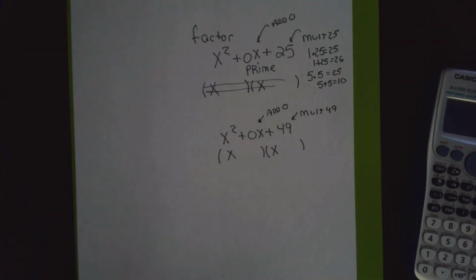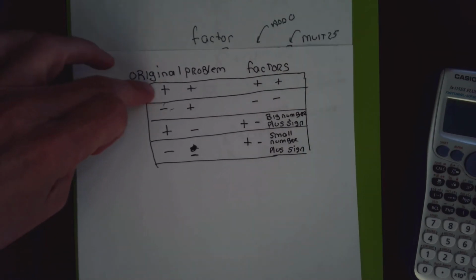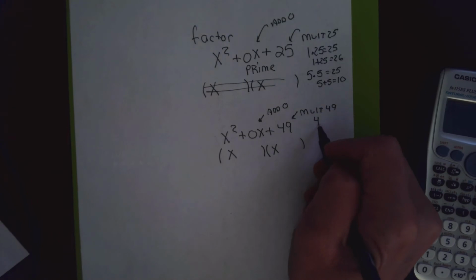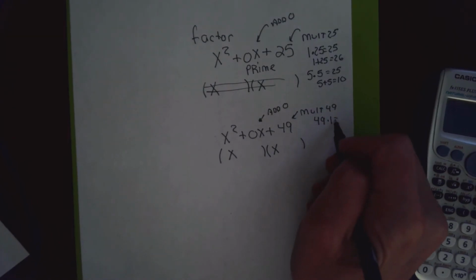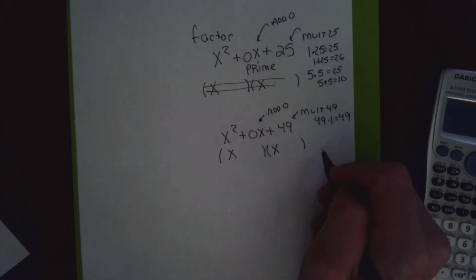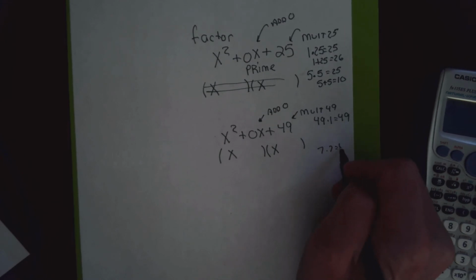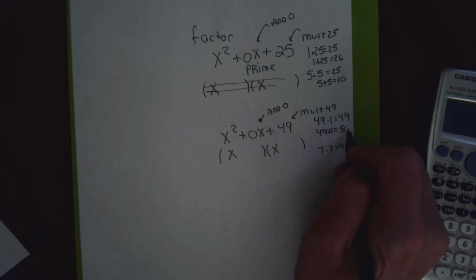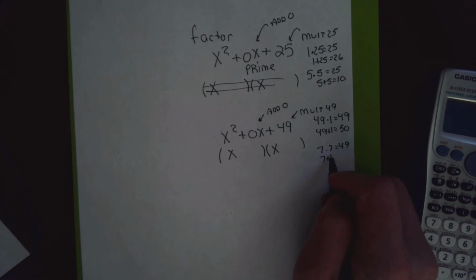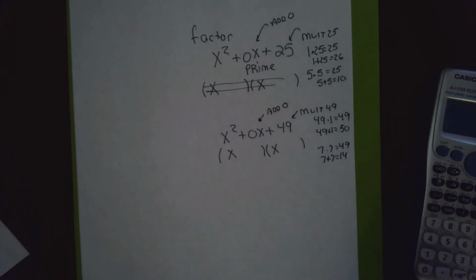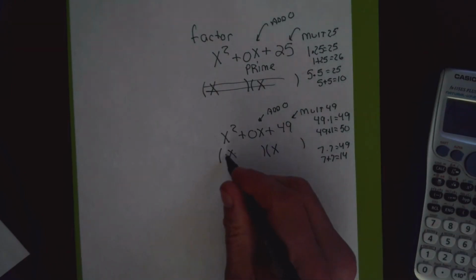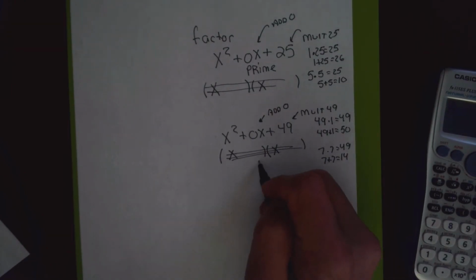I can't introduce a minus in my factoring when the original problem was double plus. My choices for my numbers are 49 and 1, which multiply to 49, or 7 and 7, which multiply to 49. If I add 49 and 1, I get 50. And if I add 7 and 7, I get 14. Because there's not a pair of numbers that do both, multiply to 49 and add to 0, this is also prime.